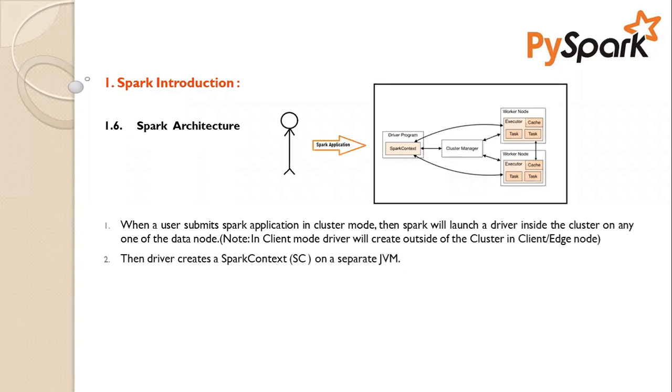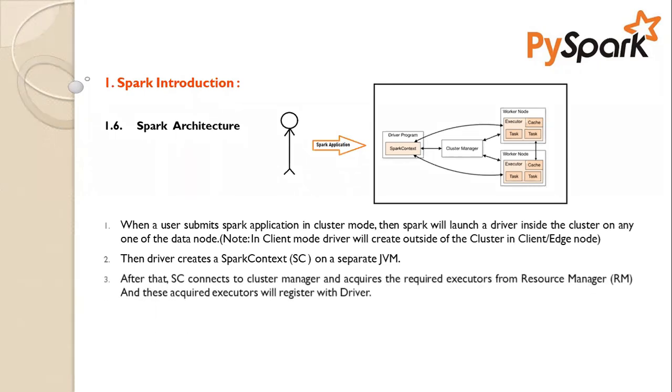Next point. Then what will the driver do? Immediately the driver will create a Spark context and a separate JVM. So the driver will create a Spark context or Spark session and a separate JVM on the data node where the driver resides. Third, once the Spark context or Spark session is created, it will connect to the cluster manager and try to get the resources.